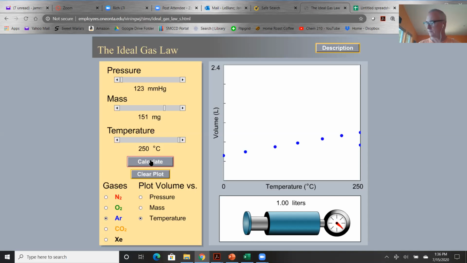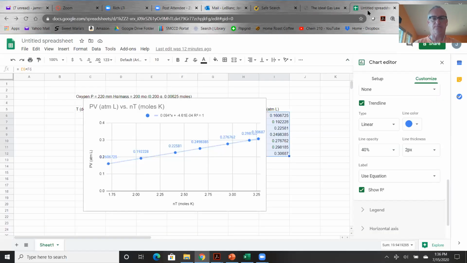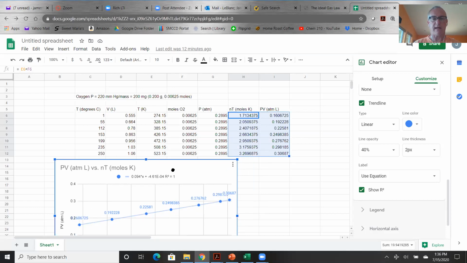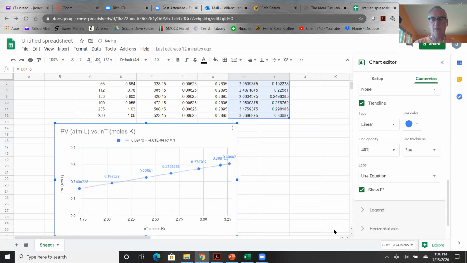Okay. So I've written all this down. And I made a note of what my pressure was, and I made a note of what the mass was. So let me go back to my spreadsheet page. If I can move this out of the way. Put that there. And just move over.